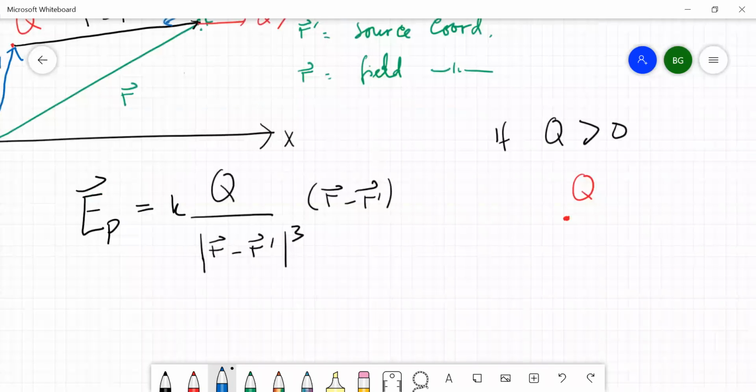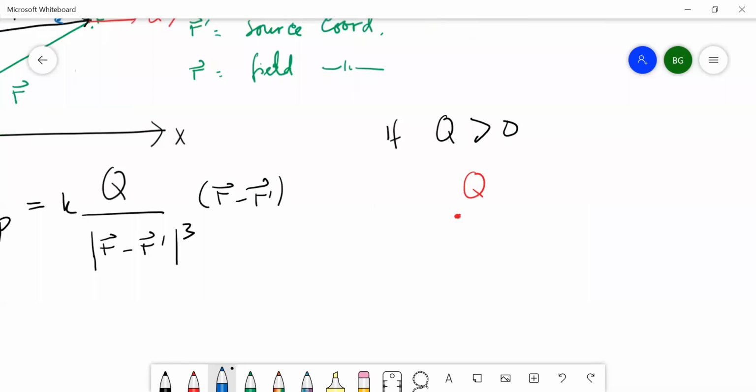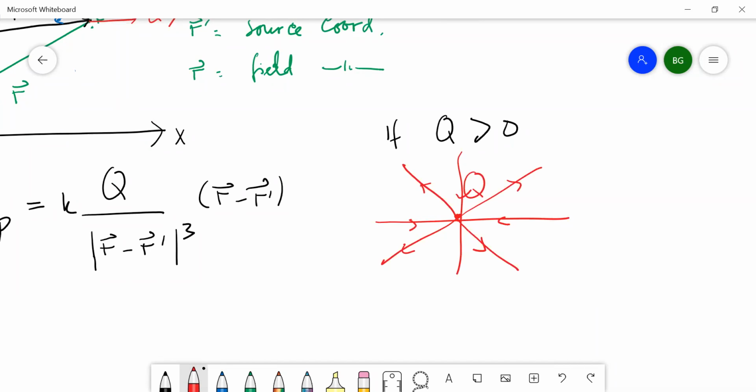So it means that if Q is positive, then we have outward field lines of the electric field.